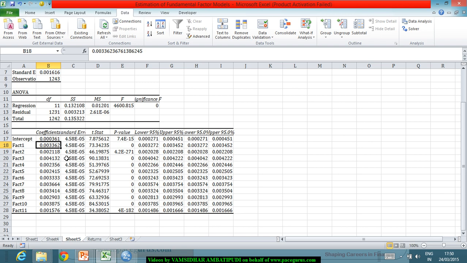Now these coefficients, let's say if I am talking about PC1 or the component 1, which is the factor 1.